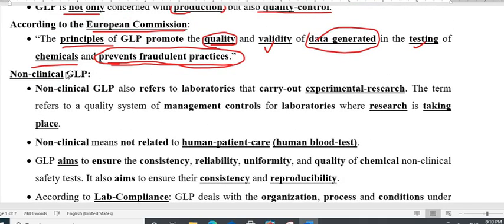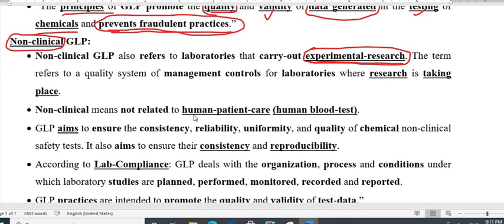Now we have to go through another term, non-clinical GLP. The name itself is telling, if you want to tell what is clinical GLP and what is non-clinical GLP. In non-clinical GLP, we are mainly concerned with experimental research in the laboratory. Whatever research work we are performing in the laboratory comes under non-clinical GLP, and that is not concerned with human patient care, like a human blood test.